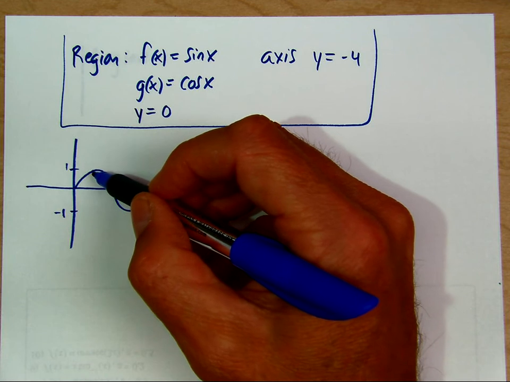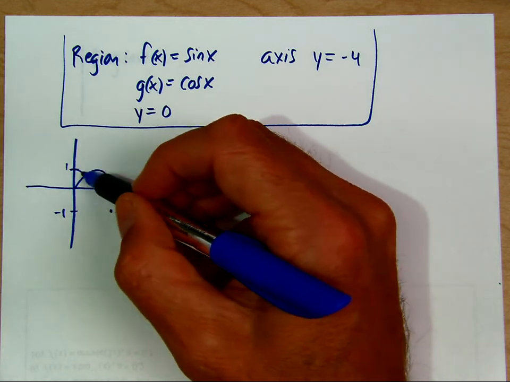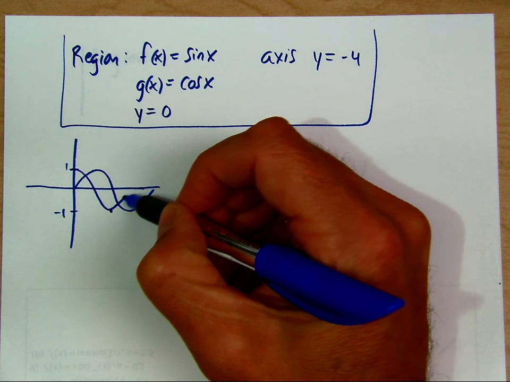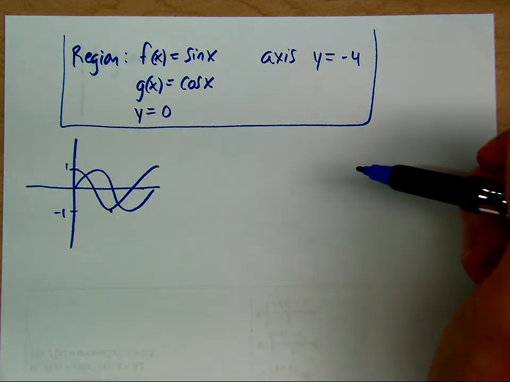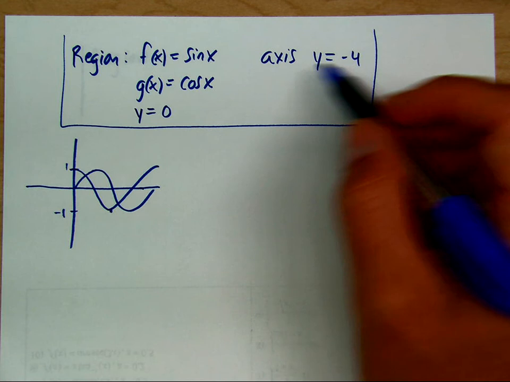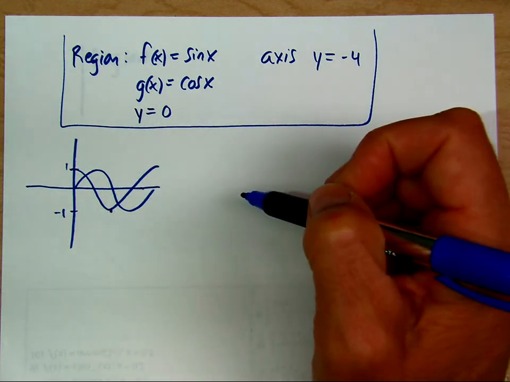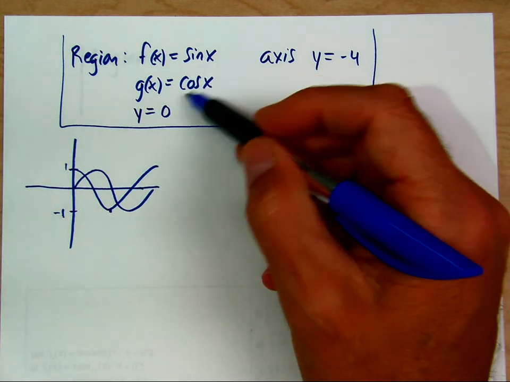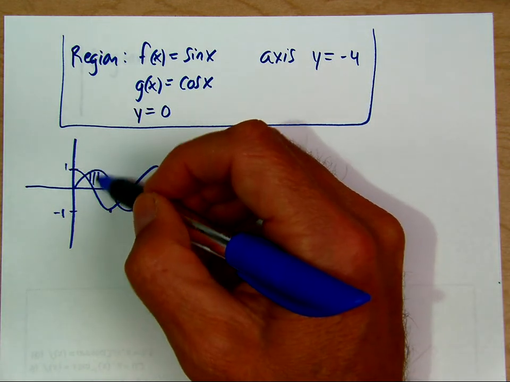So cosine will have a low point right there, a minimum. And we are going to have the region end at y equals 0. So I guess the region's ambiguous, but this is it. This is the one we're going to work on.